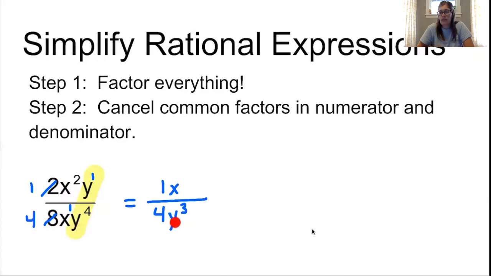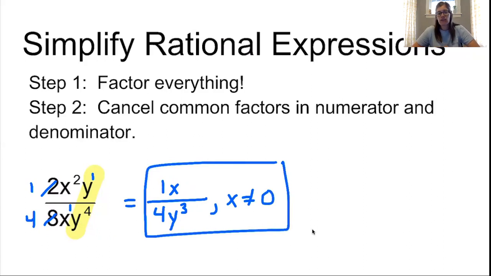But because we did that subtraction with the x's, we don't know in this answer that x cannot be 0. So we have to make an extra statement such that x does not equal 0.